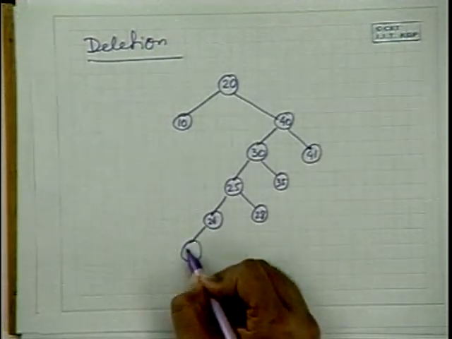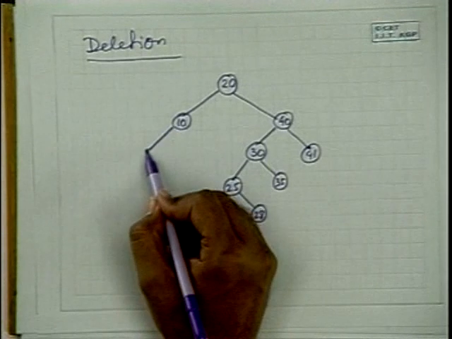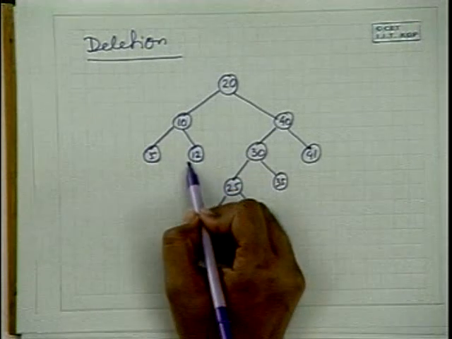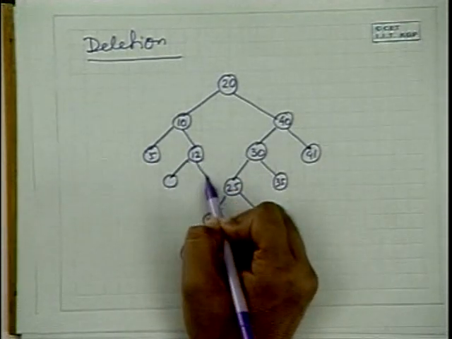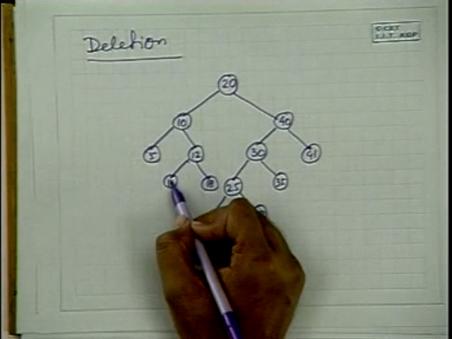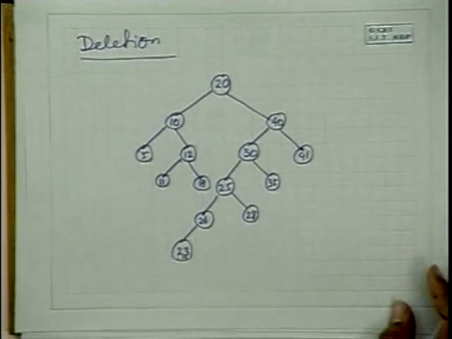Say this one is 23. This one has 5. This one has 12. This one something. This one say 15. Say let us put 11. Suppose this is the binary search tree, and we want to delete a node.